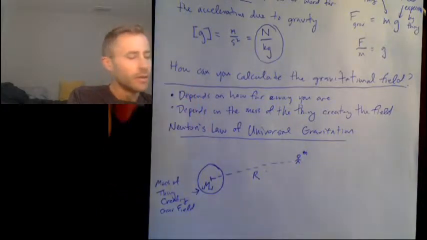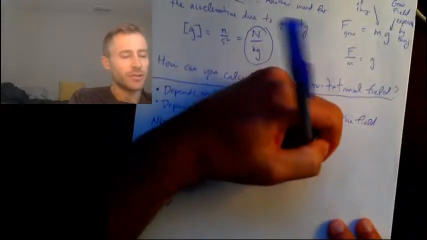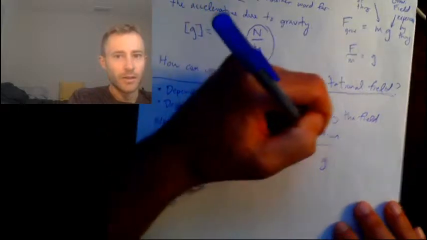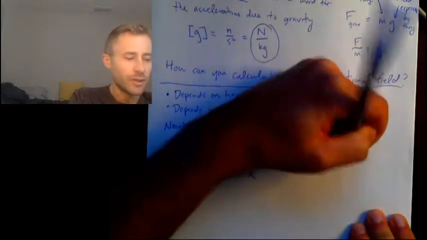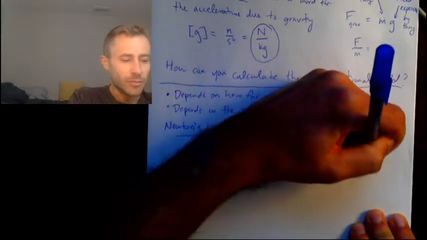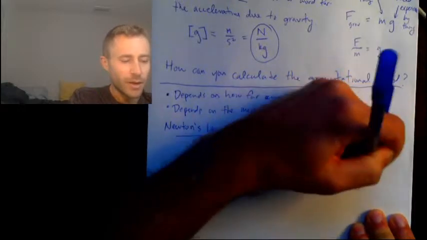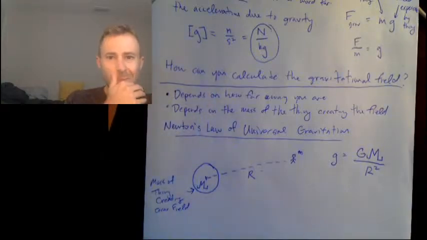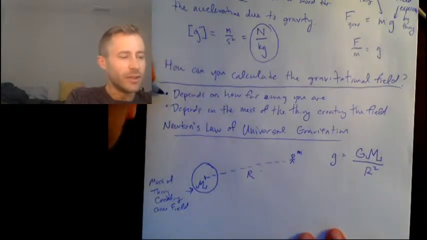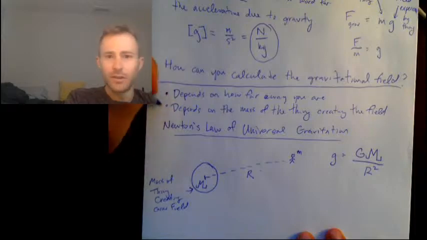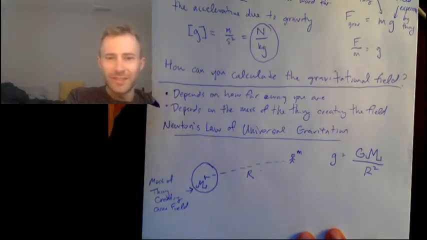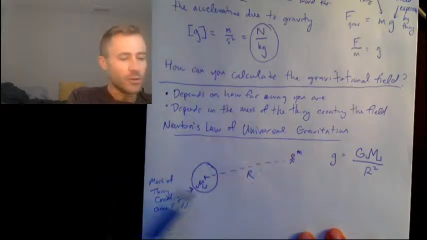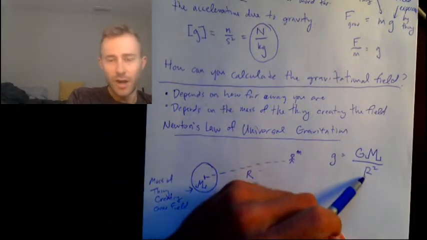So the law of universal gravitation gives us a formula for the gravitational field. And it says that the formula is big G times big M divided by R squared. Okay. So we can see that it actually encapsulates these two statements here. If you get further away from the planet, the R value increases, and R is in the denominator here.